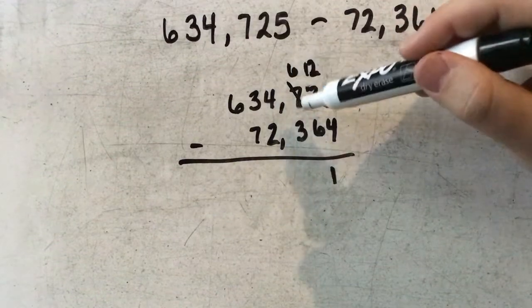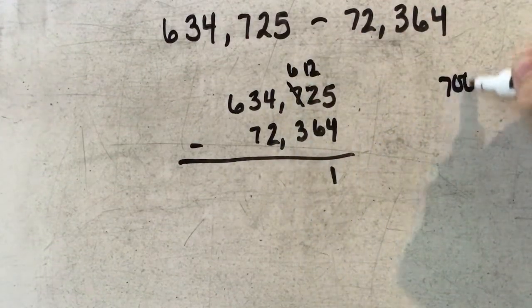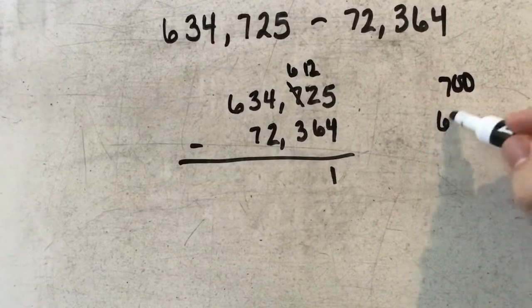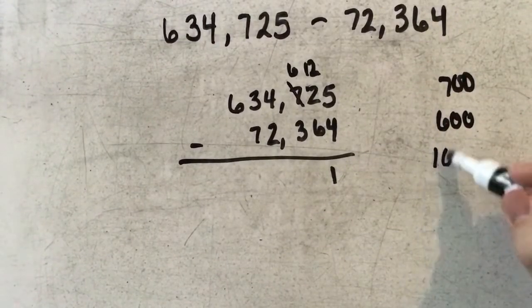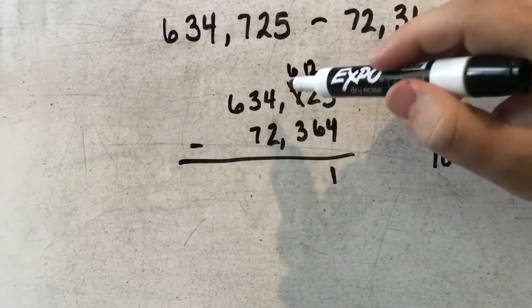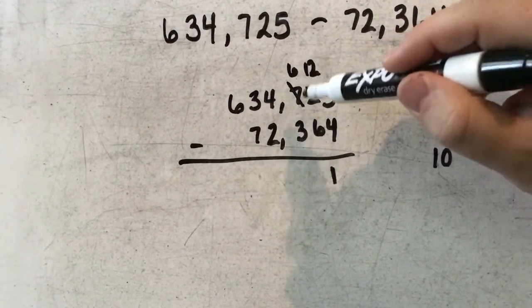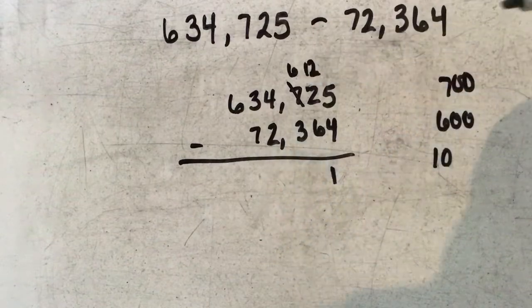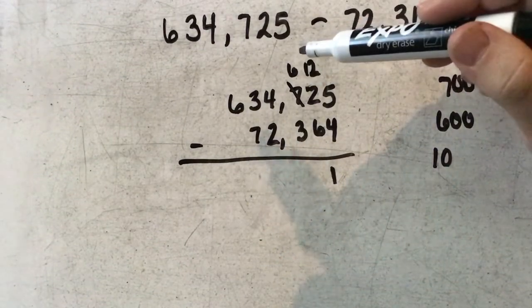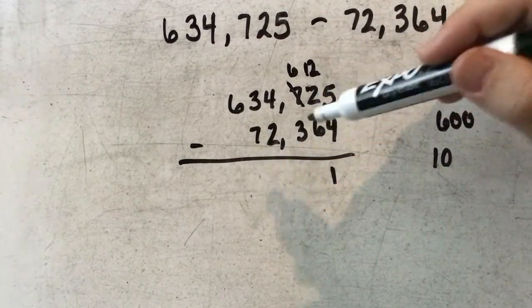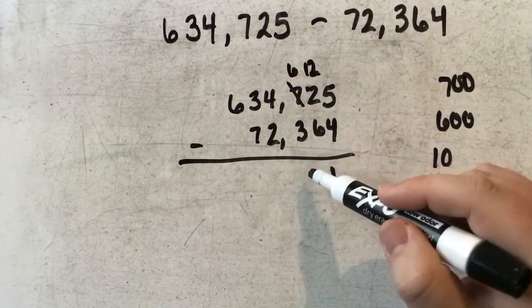So I said that 700 would be the same as 600 and 10 tens. So I took that 10 tens and I added it to my 2 tens that I already had, which gave me 12 tens. So 12 tens minus 6 tens, now I can subtract.